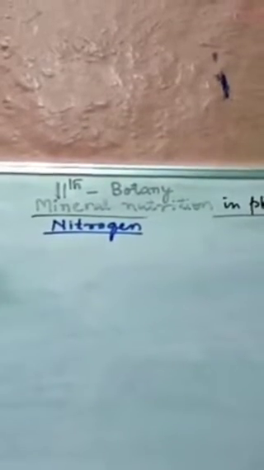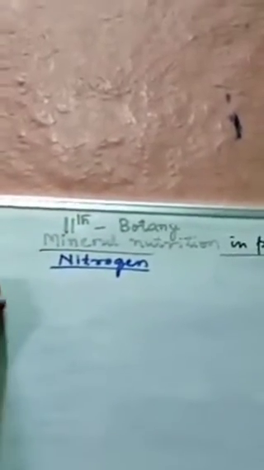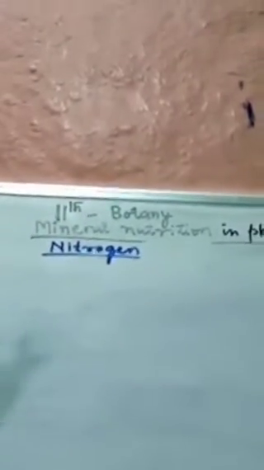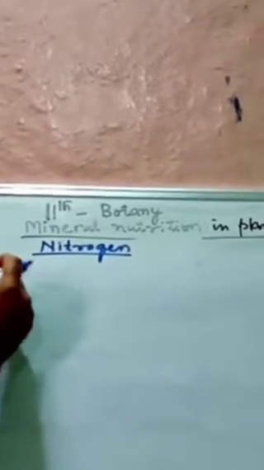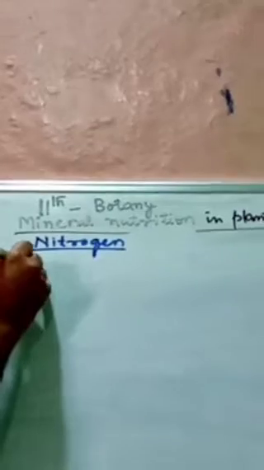Now, in what form is this nitrogen available to plants? That is the form. It is available to the plants in 3 different forms. First one, nitrates.